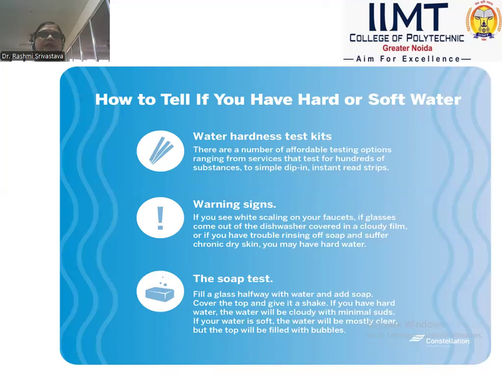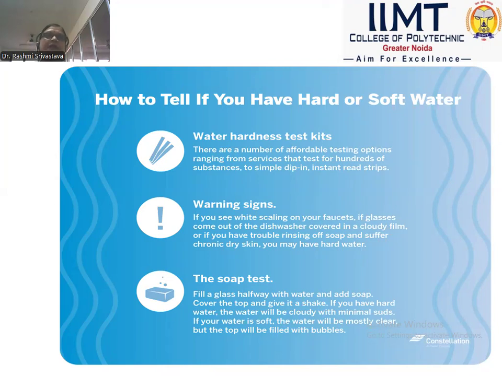The warning signs are, as we all know, white scaling on your utensils, glasses, and other appliances, which also shows that the water is hard in nature.